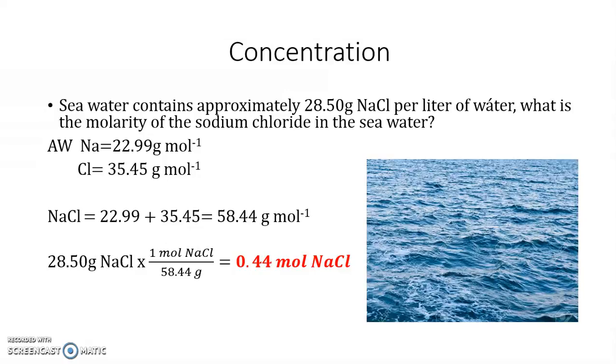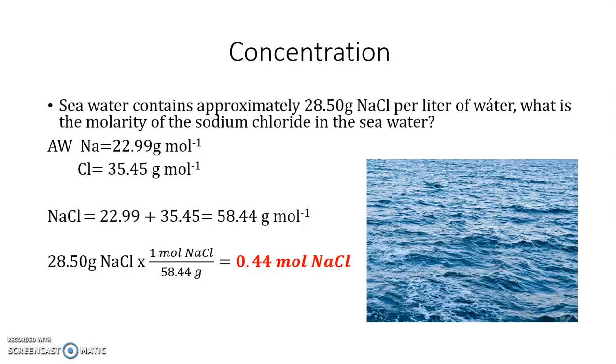Then we calculate the amount of moles that we have in 28.50 grams of sodium chloride, just making a ratio. If we have 28.50 grams, how many moles are there if 1 mole of sodium chloride weighs 58.44 grams?